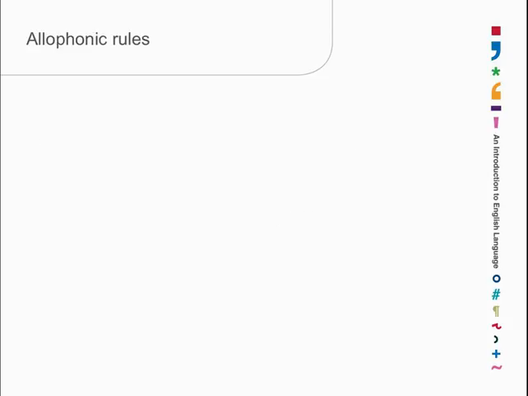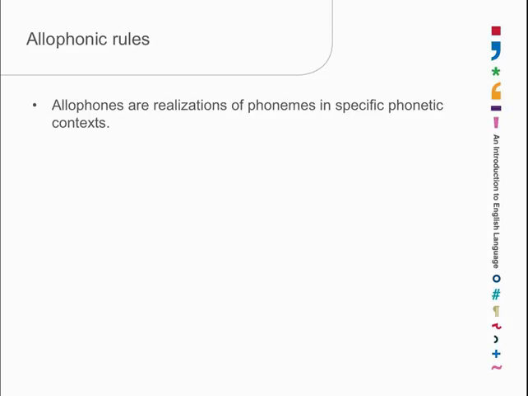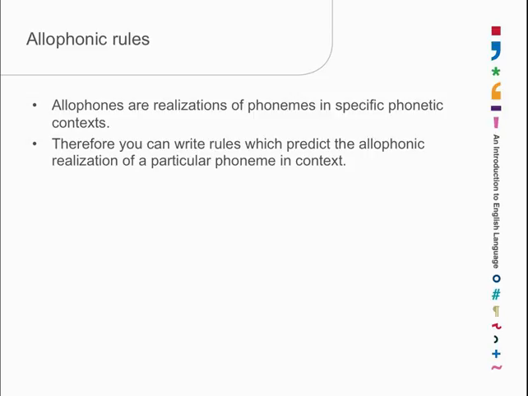Lastly, there are allophonic rules, the rules that determine which allophones a phoneme will turn into in particular situations. Allophones, as you will recall, are realizations of phonemes in specific phonetic contexts. So, that means you can write rules that predict which allophone will turn up in which particular context.